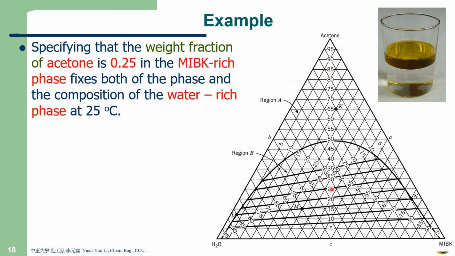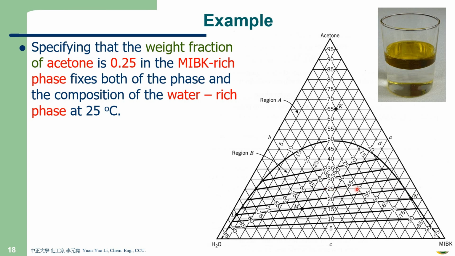Once you go to 25, because this is MIBK rich, you need to move to the tie line. I want to give you a hint. Early bird, okay. This is 25 here, so obviously the tie line should be this one.